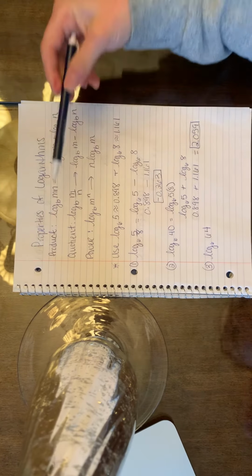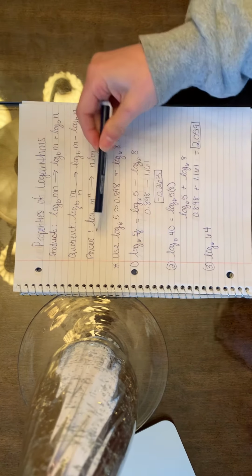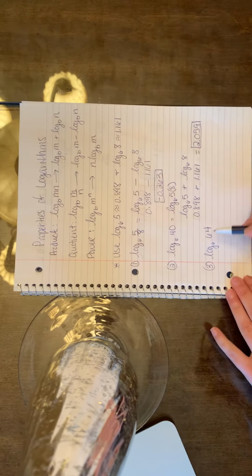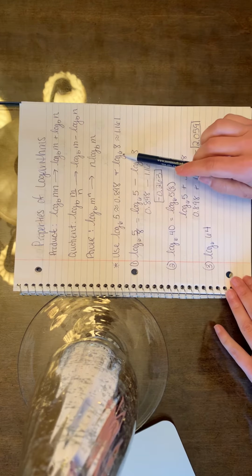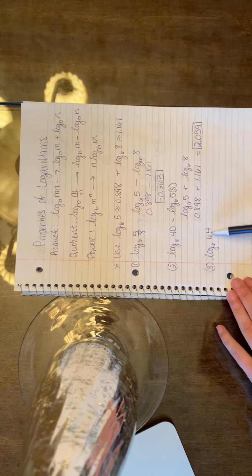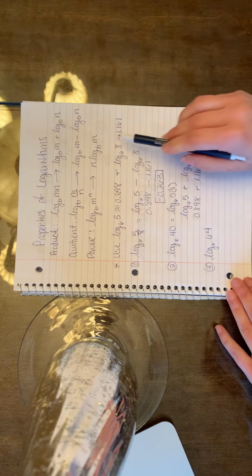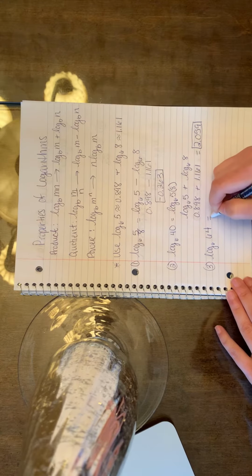So we did an example of product and quotient, and now what do you think this last example is going to be? Power. We need to use either log base 6 of 5 or log base 6 of 8 in relation to 64. Well, 5 raised to a power isn't going to give us 64. But what about 8 raised to a power? Guess what? That works.